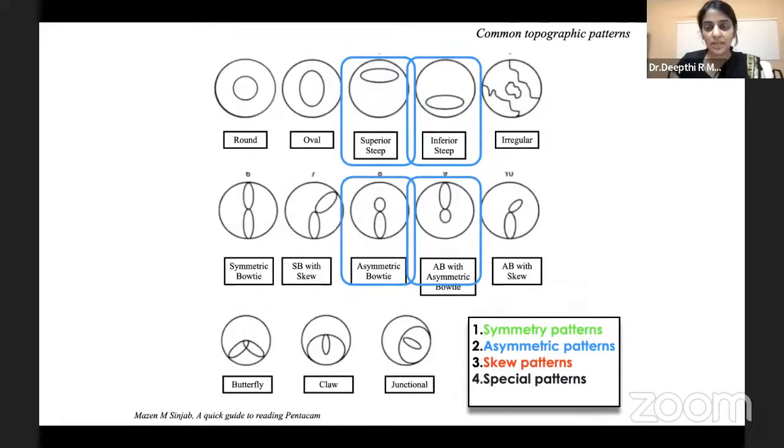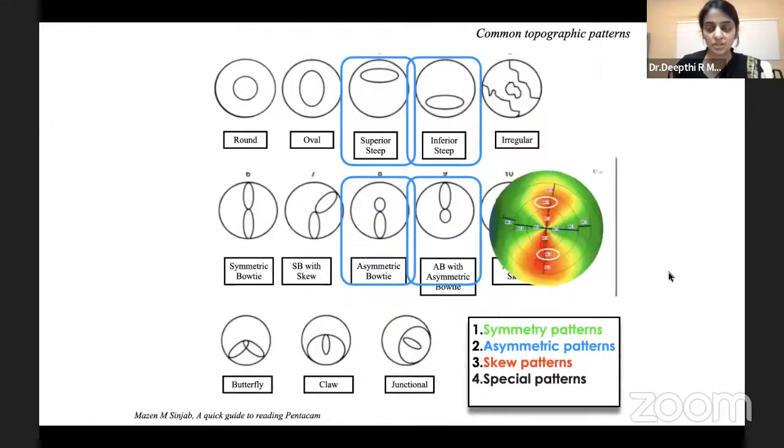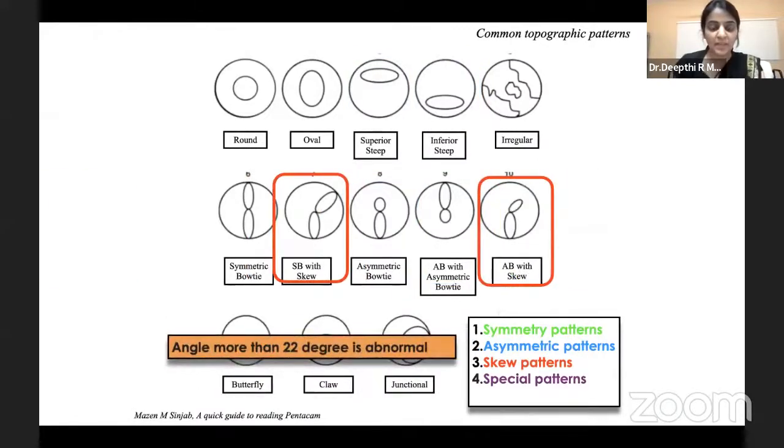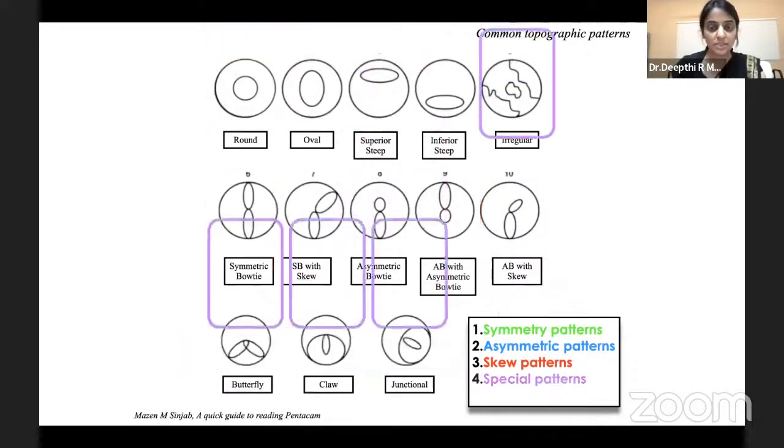And these 4 are the asymmetric patterns. When you have a superior inferior asymmetry, the two things you need to look at are that the superior steepening should not be more than 2.5, and if it's an inferiorly steep cornea, it ideally should not be more than 1.5 diopters. The next set of patterns is the skewing, where there's an angle between your prime meridians, and something more than 20 to 22 degrees should arouse suspicion that it's an abnormal surface.